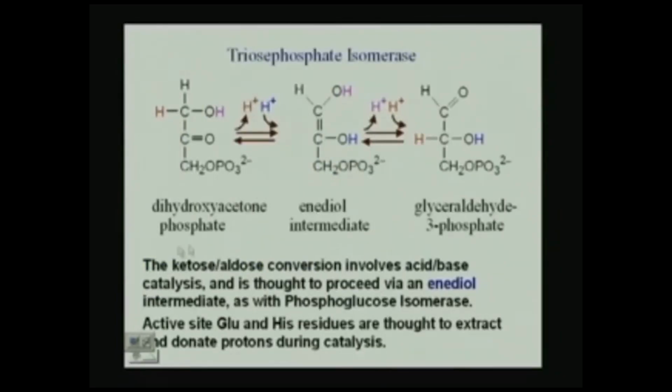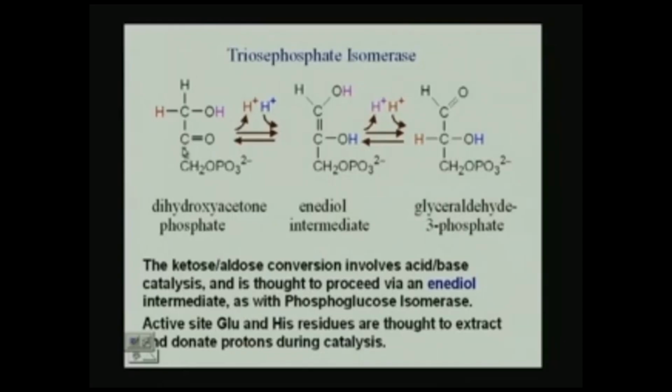Okay, now this is the intermediate that you have, which is the enediol intermediate, where you have the ketose aldose conversion, which actually involves an acid base catalysis, and the isomerase that actually takes place is phosphoglucose isomerase, or rather what happens here is, when we have dihydroxyacetone phosphate, what are we talking of?